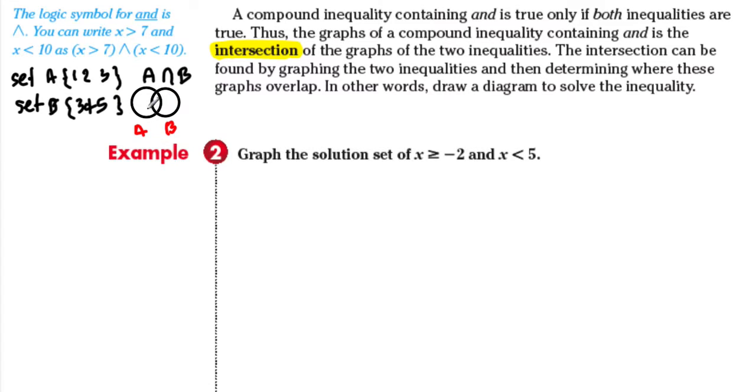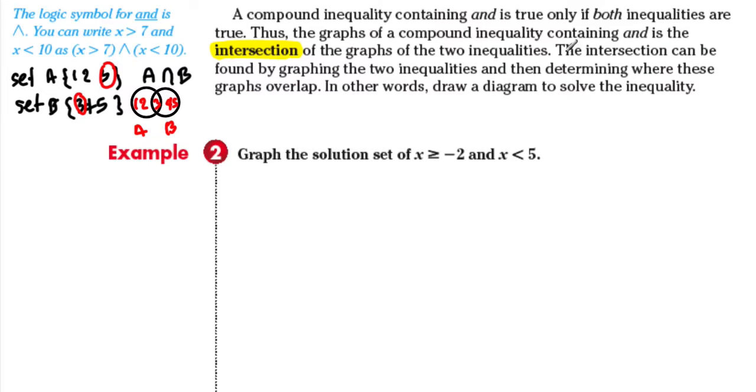So I would put the 1 and 2 here, 4 and 5 inside this circle, and 3 in the middle. So the intersection of A and B would be 3 because 3 is common to both sets. When you see the word intersection, it's just saying what is common to both sets.